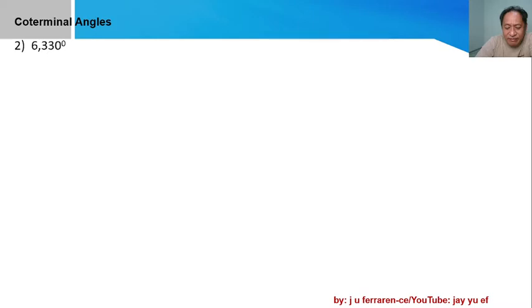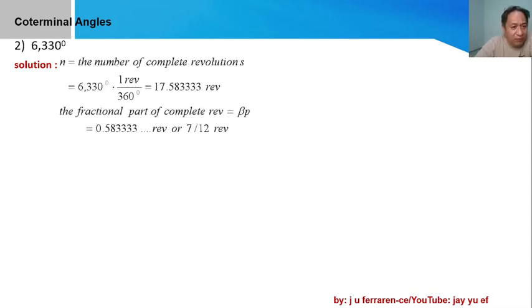Now, second, we are increasing the value of the angle. If you are going to plot it with multiple rotations, it will take time. Instead, I'll be reducing this in terms of the number of revolutions. The number of complete revolutions, so I have to convert the 6,330 degrees to revolutions.